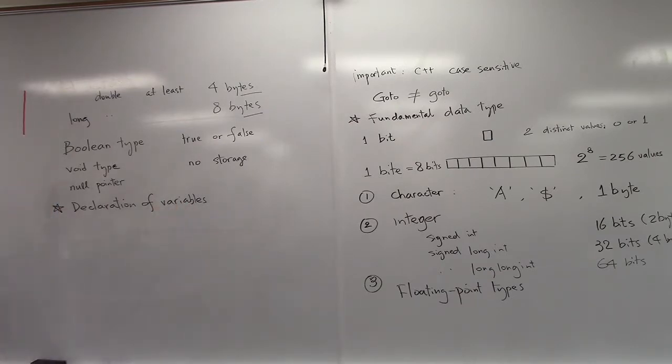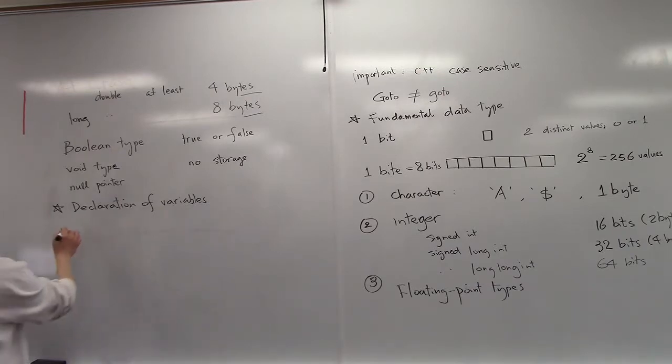Therefore, we need to declare a lot of variables. Now, for variables, the rule is that you must use alphabetical letters, numerals, and also underscore. Okay, only these 3 things can be used for a variable.